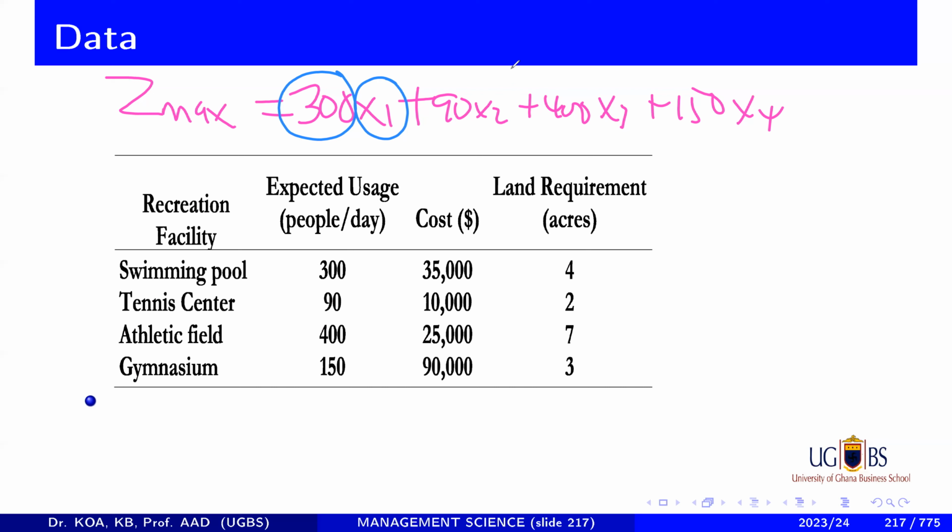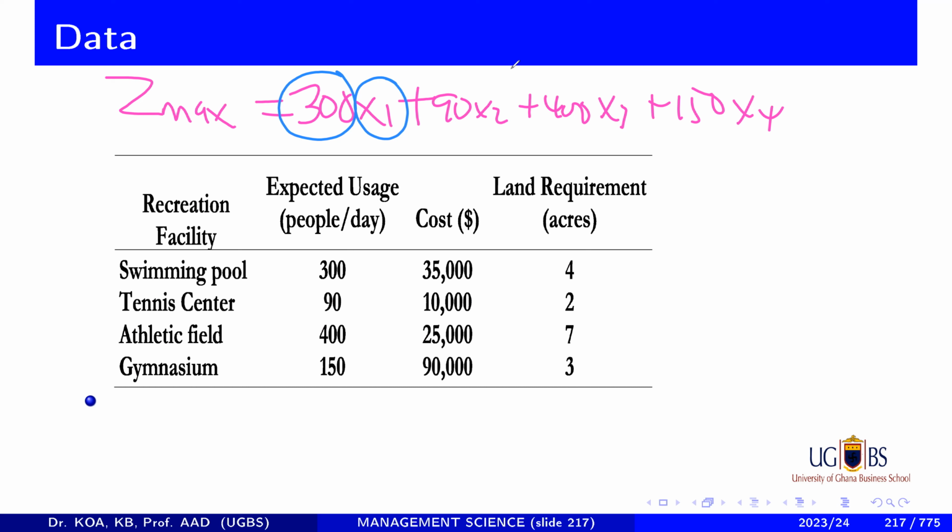Okay, am I on the right path? And then continue with the other one. And then the X1 is whether the university decides to construct the pool or not.